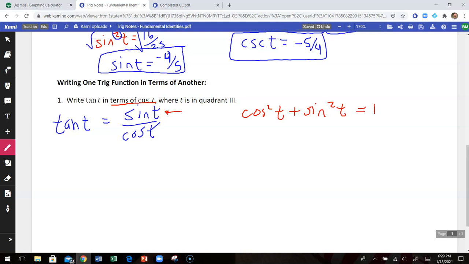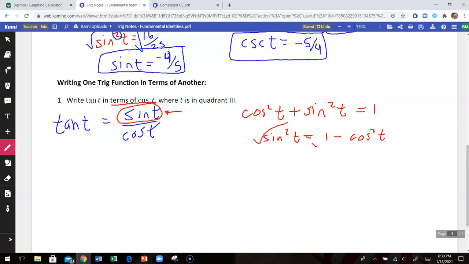And what I'm going to do is solve for sine t so that I can replace sine t in this fraction, and I would only have cosine left. So when we get to the very end of this, we're only going to have cosine stuff on the right side of this equation. So that means I'm going to subtract the cosine squared. So sine squared t is equal to 1 minus cosine squared t.